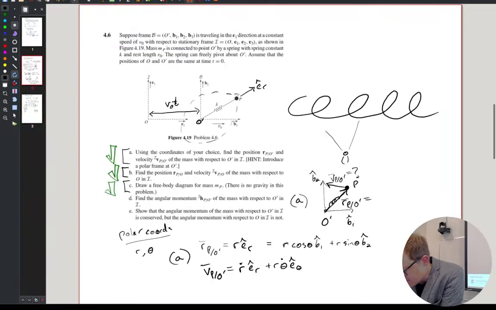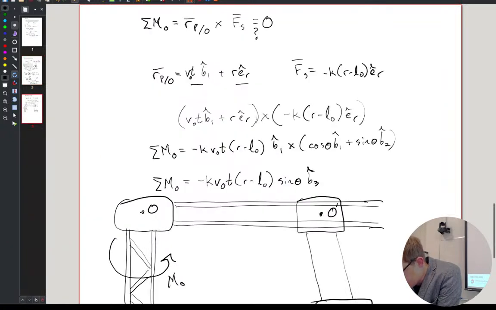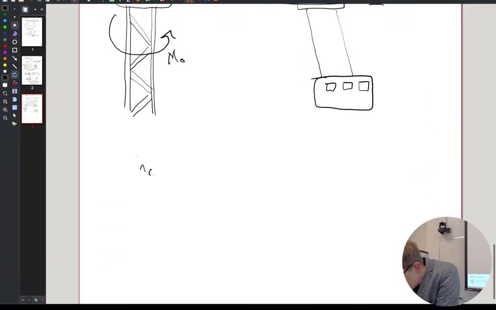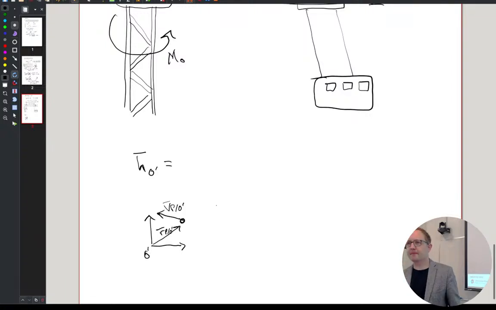Oh, and then we're supposed to do this part, right? Now we're trying to find angular momentum around P0, O prime. What is angular momentum for an object?